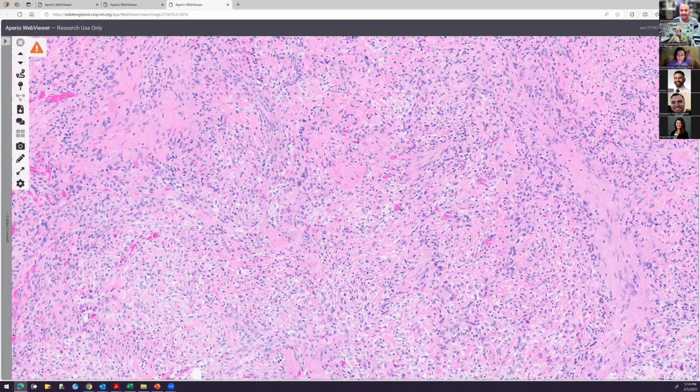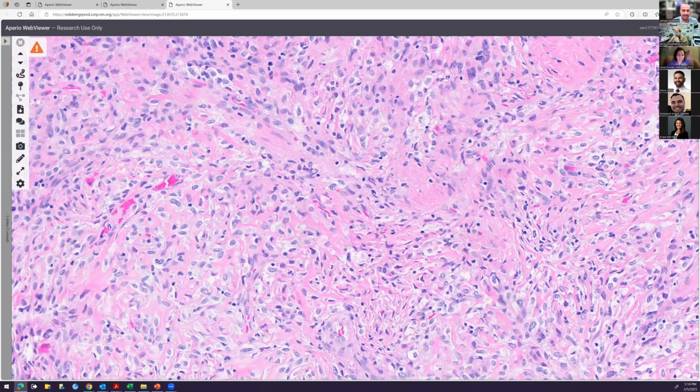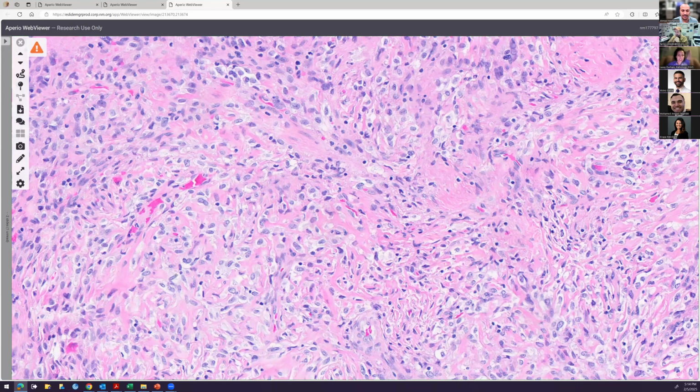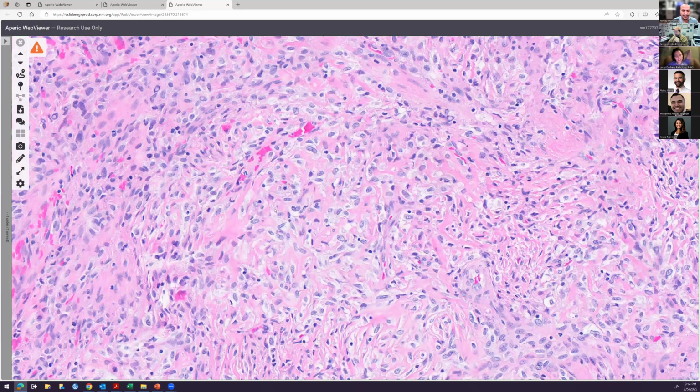Like short fascicles, maybe storiform. Right, there may be some fascicles around here, but the significant component of this is maybe not even all that spindled, right? You can see there's kind of relatively bland looking cells, to be honest, but how would you describe them? They're round.